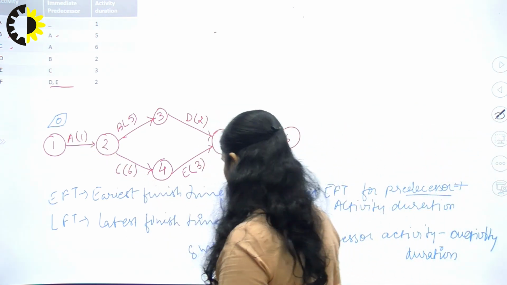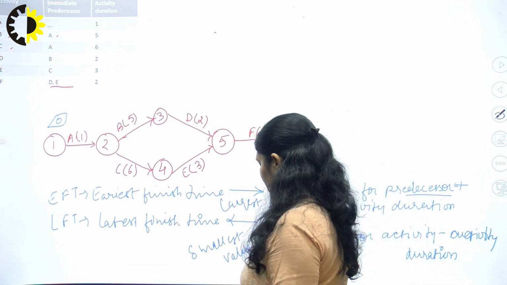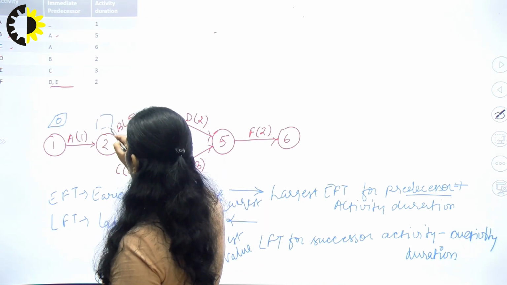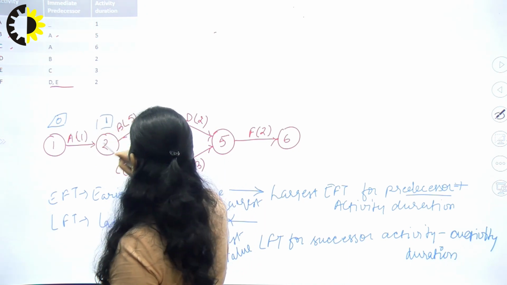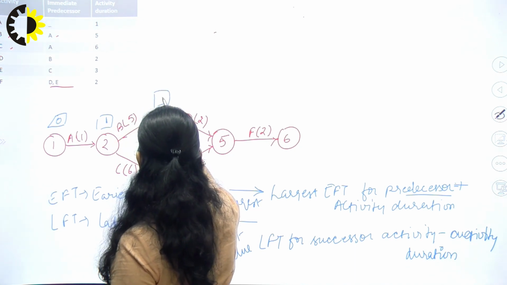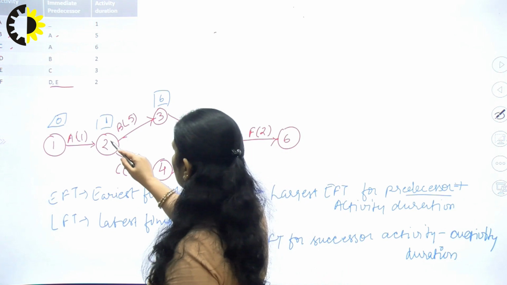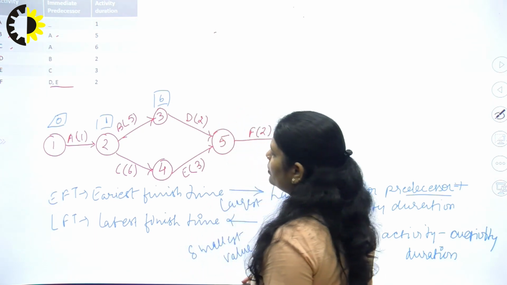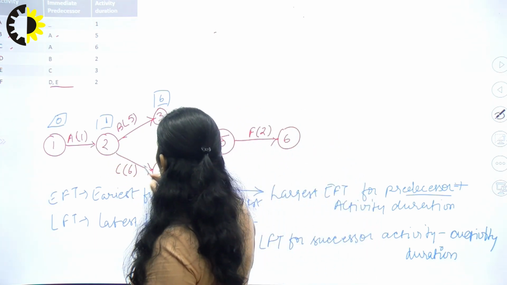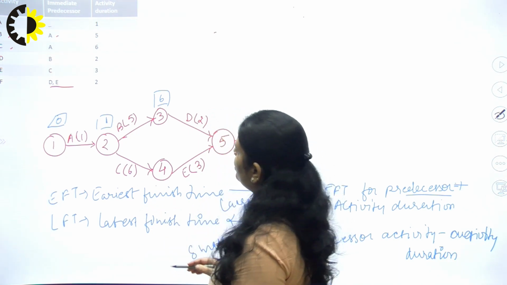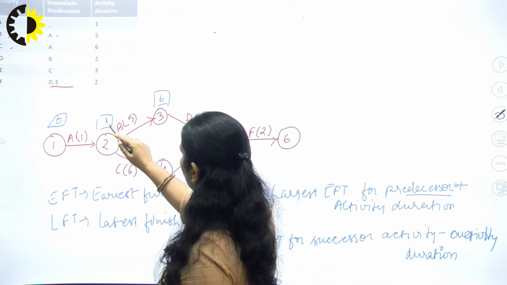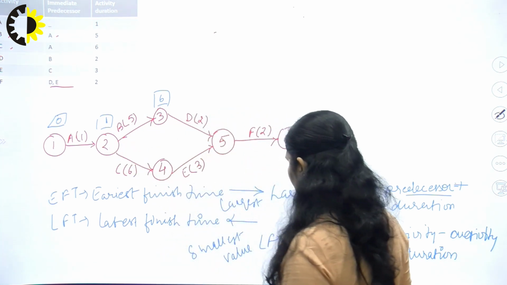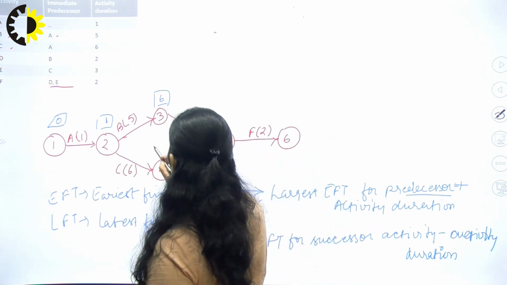And for activity B, it will become 0 plus 1, which is 1, and 1 plus 5 becomes 6. For activity C, it will become 6 plus 1, which is 7.